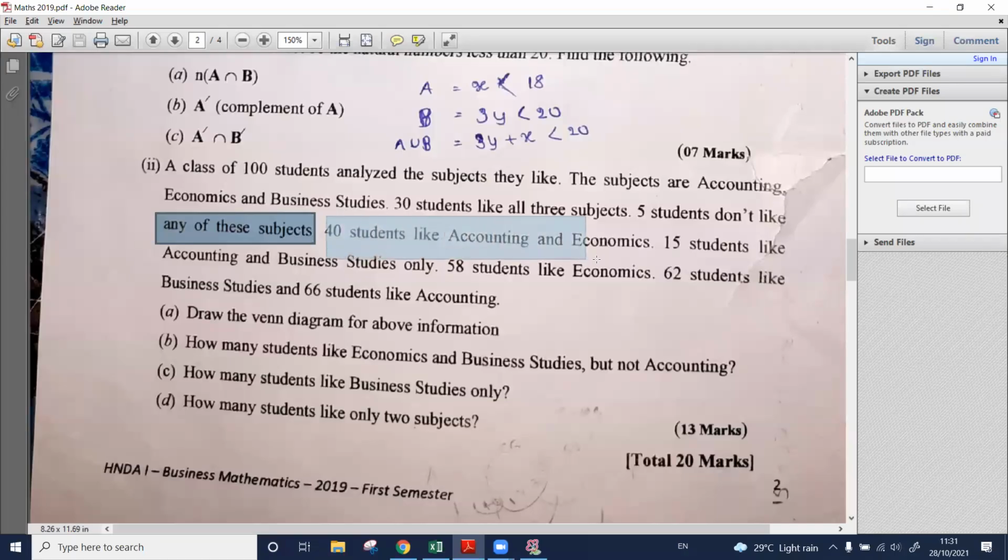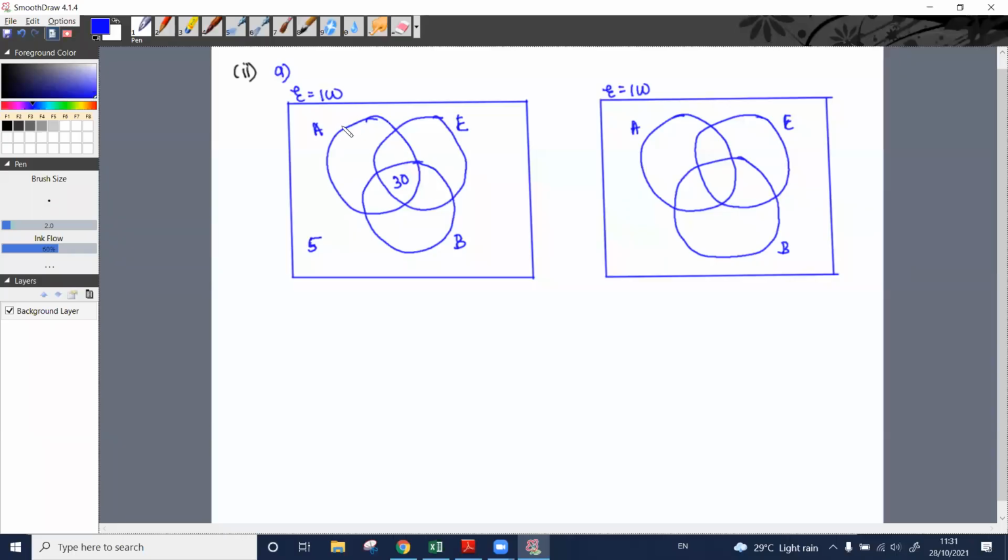40 students like accounting and economics. See the words carefully. They have not used the word "only" here. 40 students like accounting and economics. Accounting and economics, what is the region?